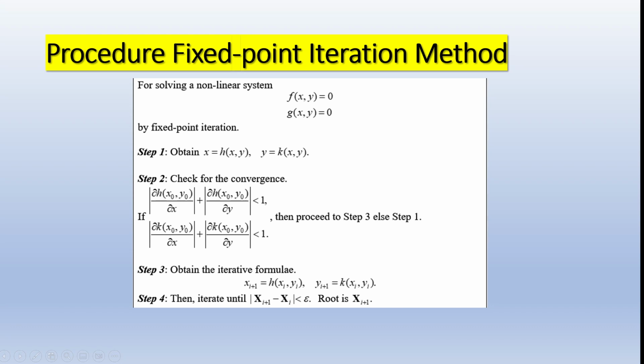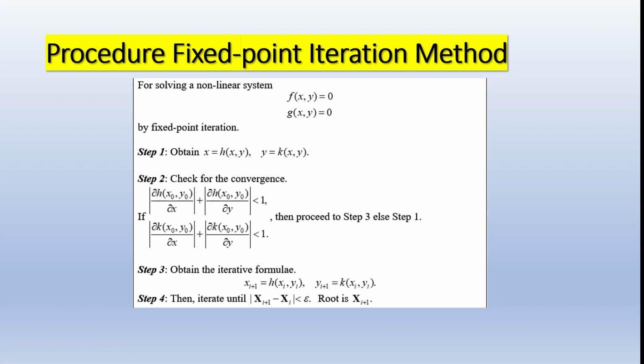If the modulus of del h del x at the point (x0, y0) plus the modulus of del h del y at the point (x0, y0) is less than 1, and the modulus of del k del x at (x0, y0) plus the modulus of del k del y at (x0, y0) is less than 1, then we say the formula that you use can lead to a converged solution.